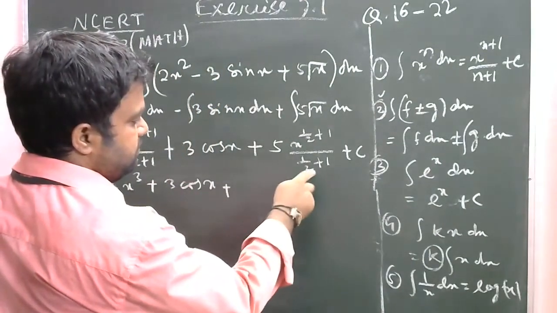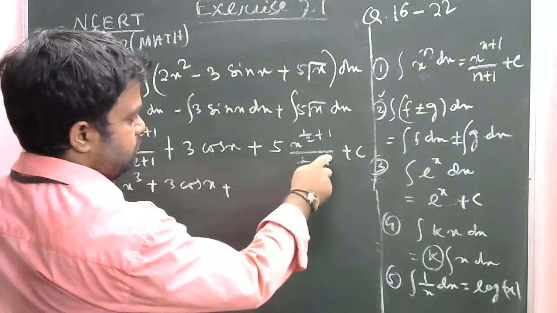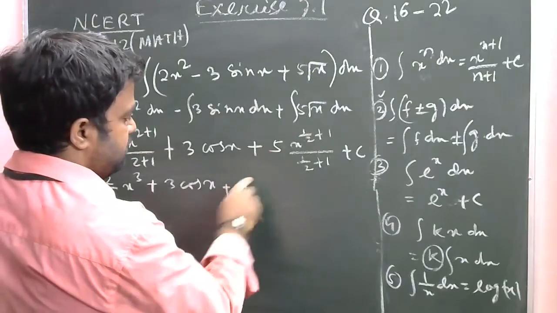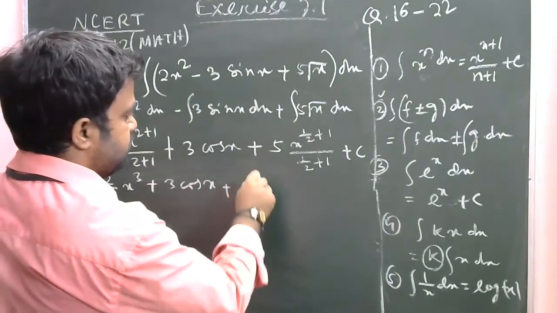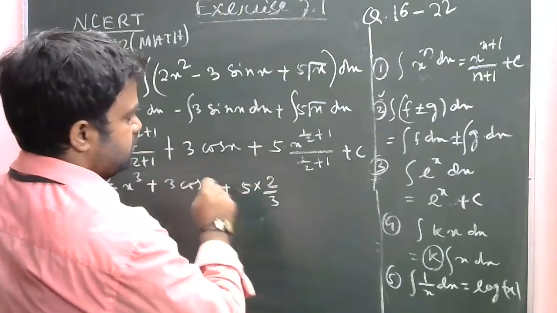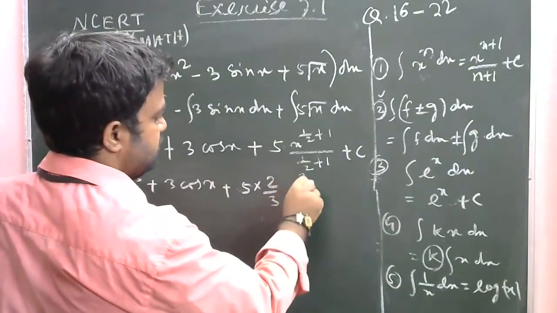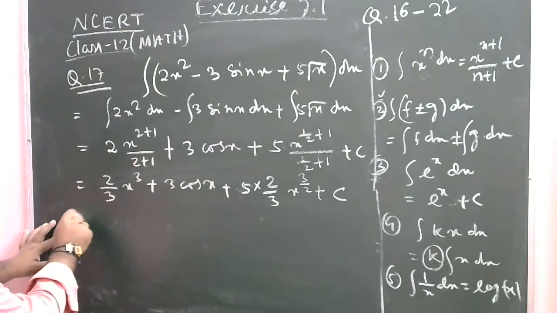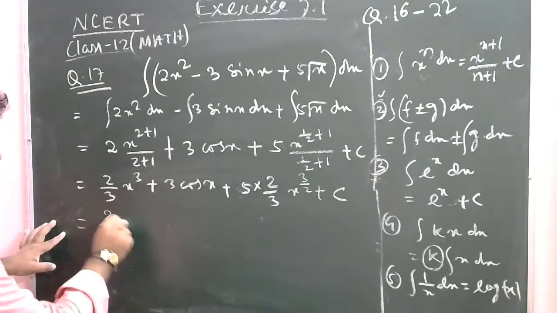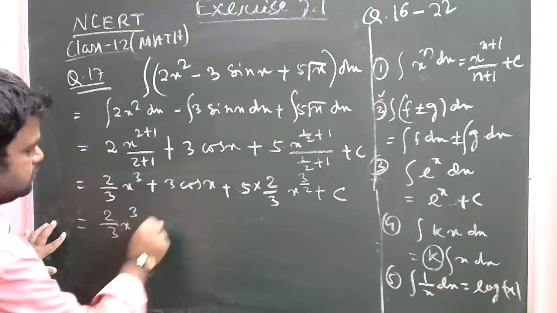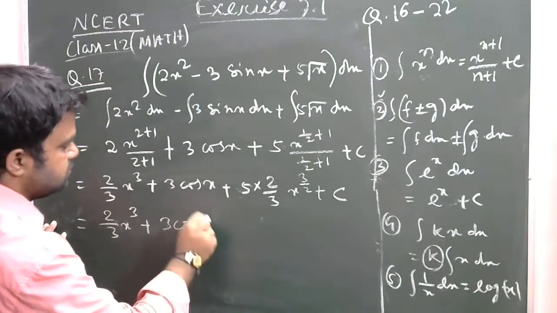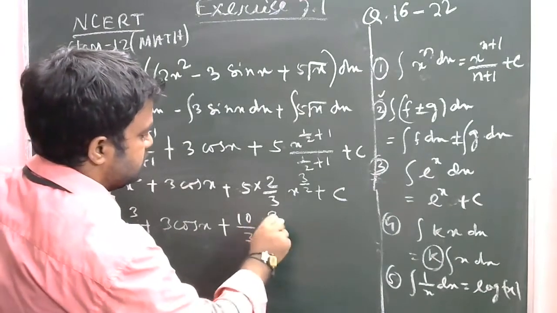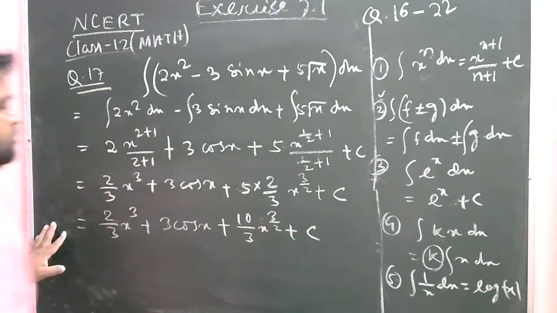Then it becomes 5 into 2 upon 3, x to the power 3 by 2 plus c. So the final answer is 2 upon 3 x cubed plus 3 cos x plus 10 upon 3 x to the power 3 by 2 plus c.